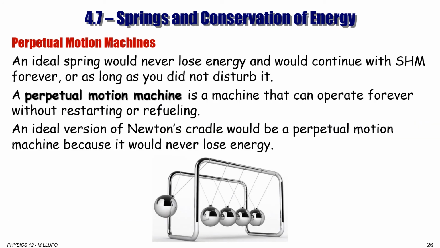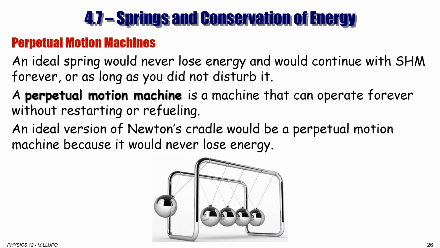When we talk about an ideal spring, we said that an ideal spring is a spring that obeys Hooke's law. That means there is no internal or external friction on that spring. An ideal spring would never lose energy and would continue with simple harmonic motion forever, as long as you did not disturb it, or there's no external force acting on it to make it stop.